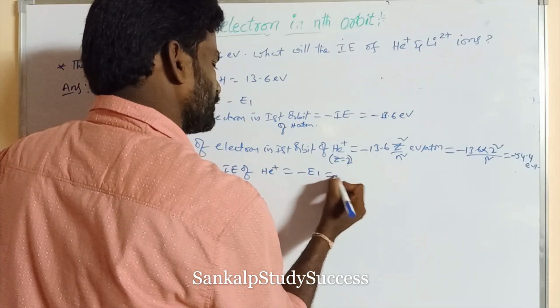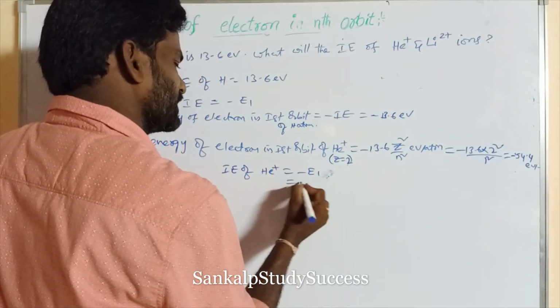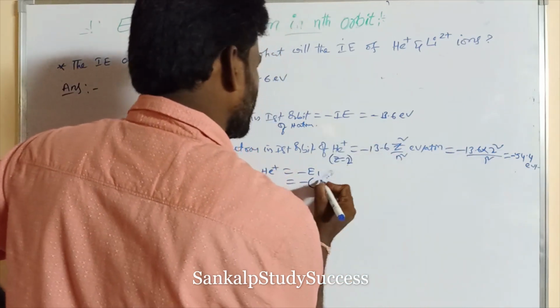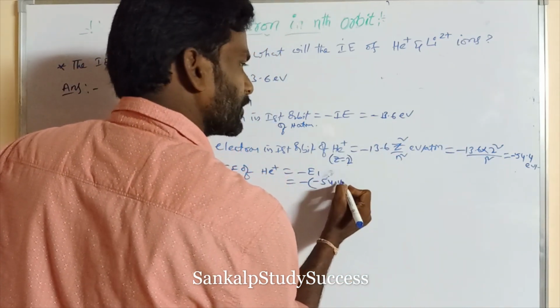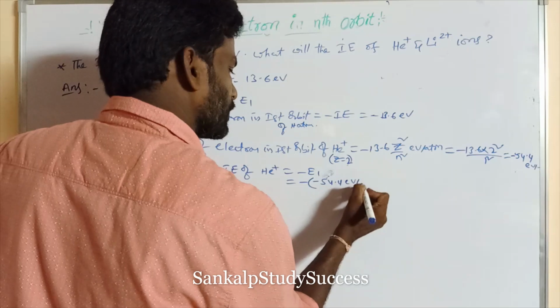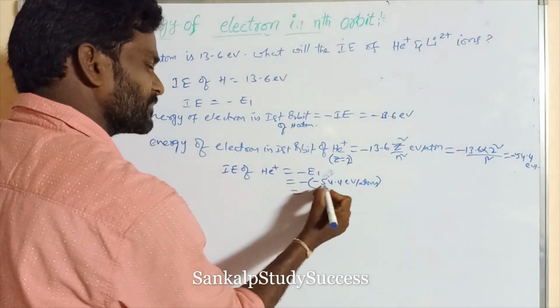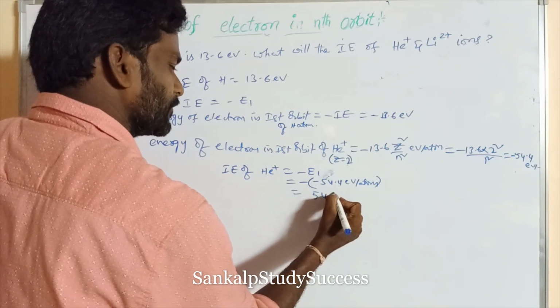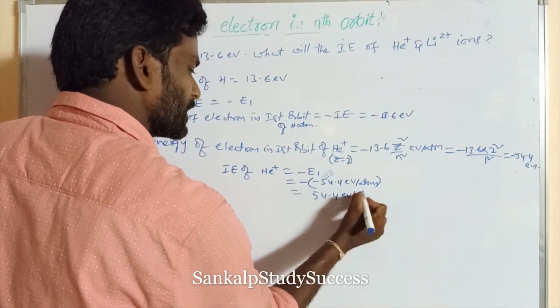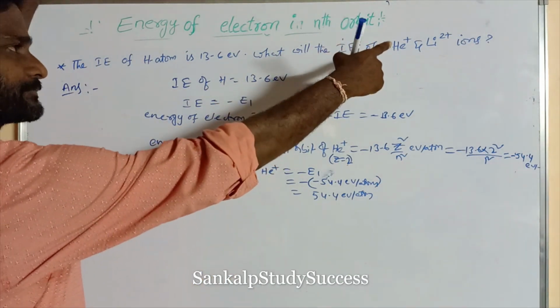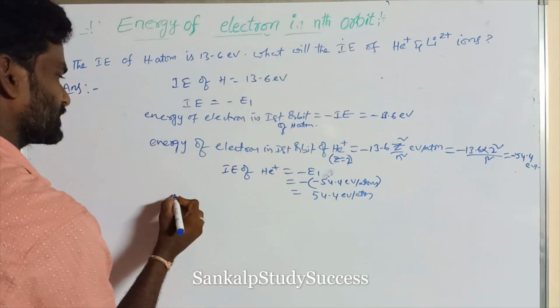The E1 value is minus 54.4 electron volt per atom. So minus of minus becomes plus 54.4 electron volt per atom. This is the ionization energy of He plus. Similarly, we can find it for Li2 plus.